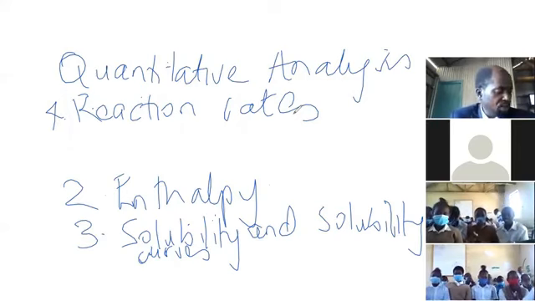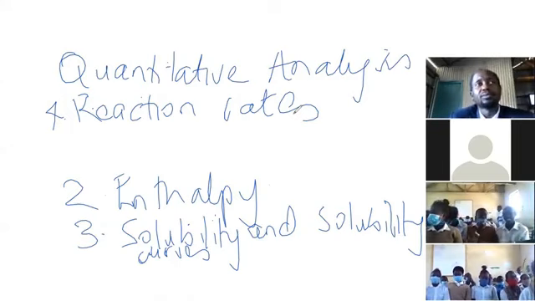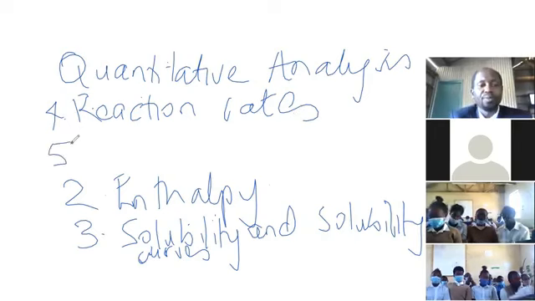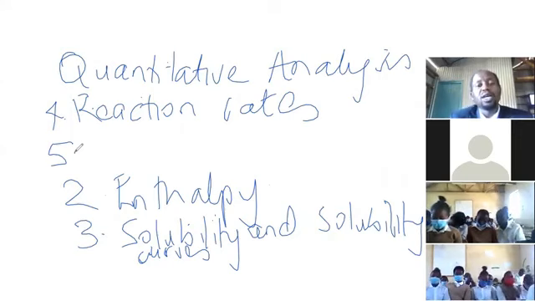Number 4, reaction rates. And number 5, change of state. That is a cooling or freezing curves.